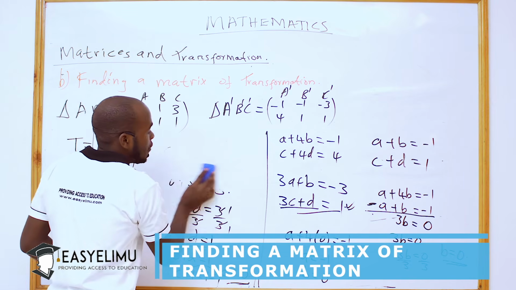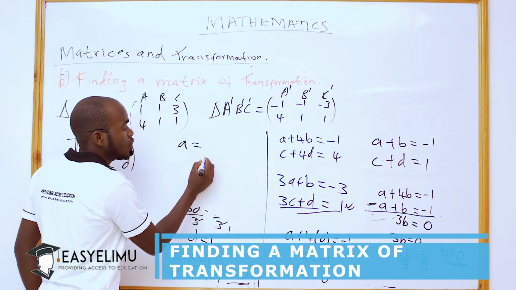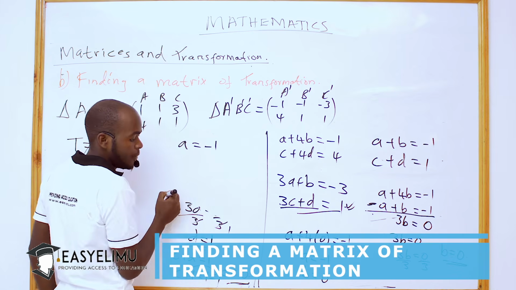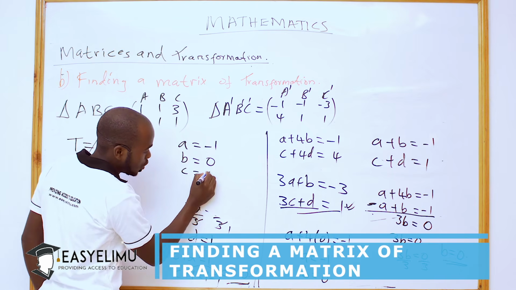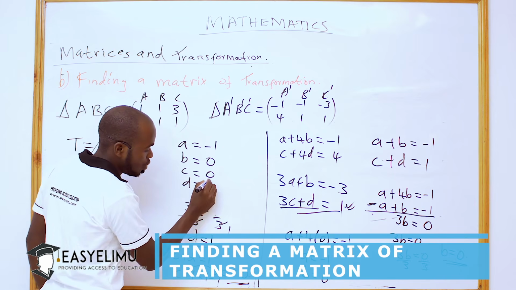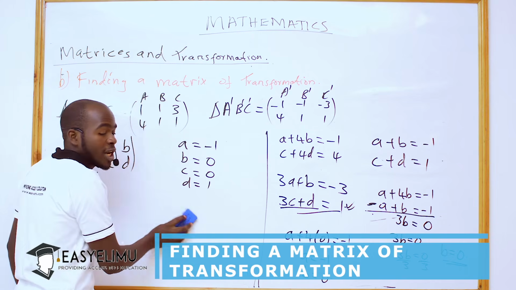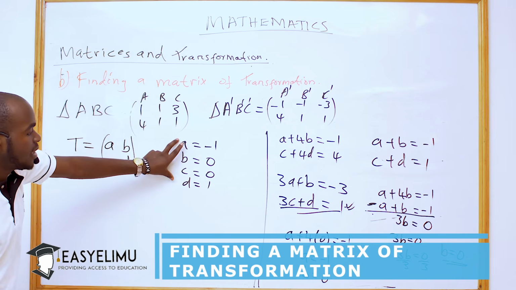So, we have found the value of A equals -1, B is equal to 0, C is equal to 0, and D is equal to 1. Now we can conclude that our transformation A, B, C, D is these values.